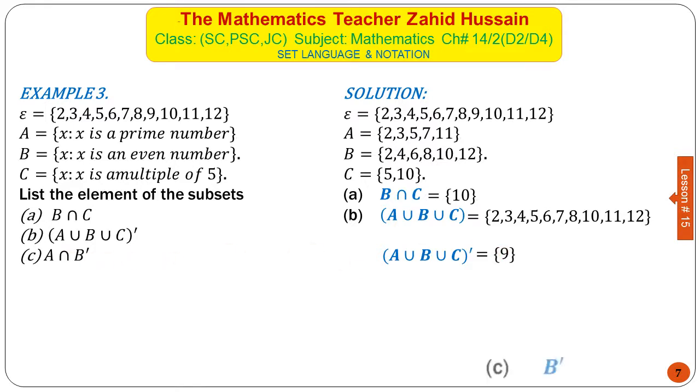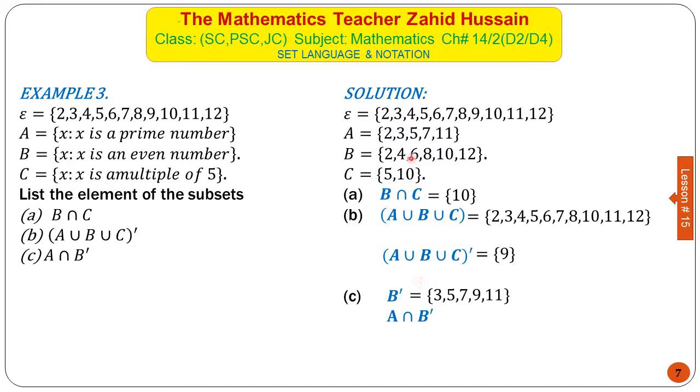And its C part: we will first find the complement of B. To find the complement of B, we will write all the elements of the universal set which are not in B, and these elements are 3, 5, 7, 9 and 11. Now we will find the intersection of B complement with A. So A intersection B complement will be all the elements which are common in A and B complement.